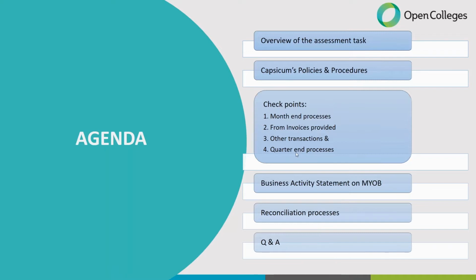Capsicum is going to process a few transactions every 3 months to lodge their BAS. And I'm going to talk about how to prepare the business activity statement on the MYOB and reconciliation processes such as payroll, business activity statement and GST. And we will finish with Q&A.